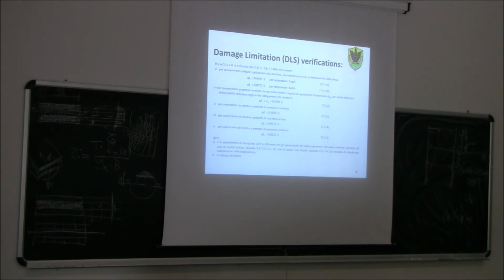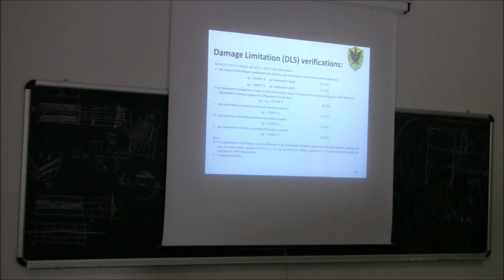So during an earthquake, this floor here shall not move more than 15 millimeters relative to our floor. Okay? If it was 4 meters, it would probably be 20 millimeters, but anyway, this is a kind of limit that we have to check.